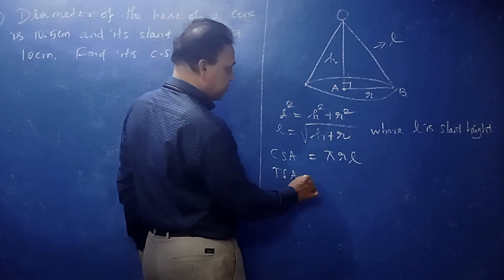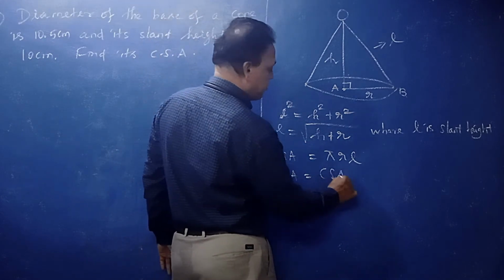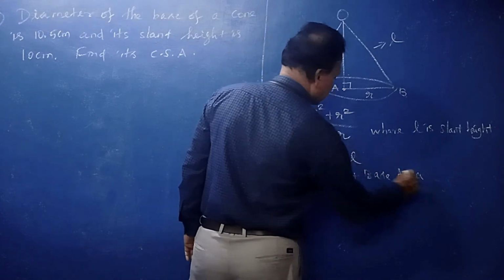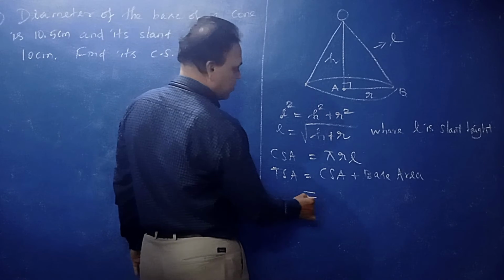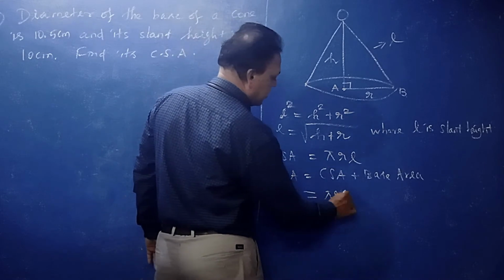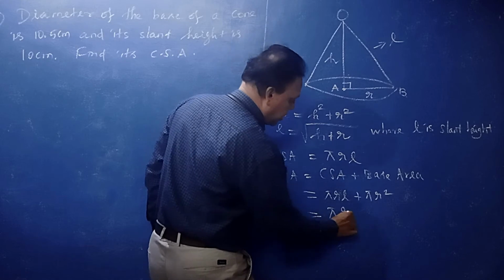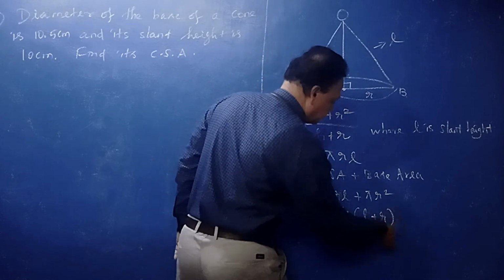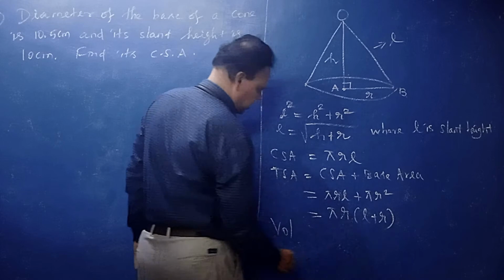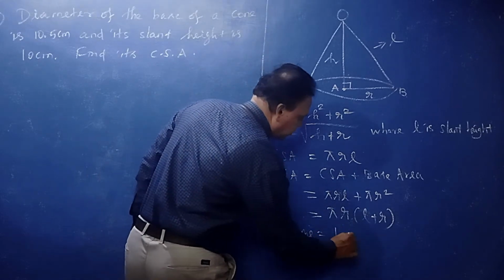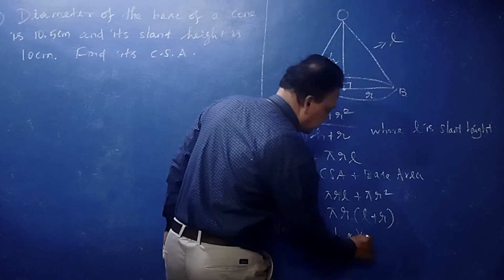And total surface area, as usual, is CSA plus base area. Only one base area you have. The cylinder has 2 times base area. Here only one base area. So pi r L plus pi r squared. Taking pi r common, it is pi r into L plus r. So volume is equal to one third of the volume of cylinder.